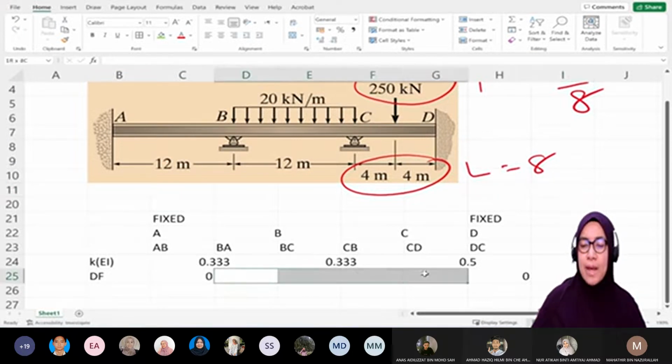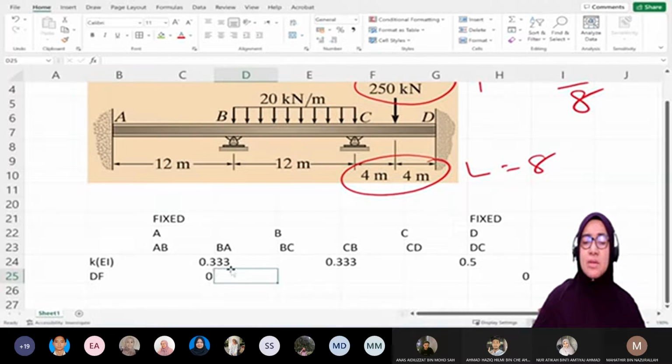The remaining 4 we have to calculate, one by one. Distribution factor you cannot combine.